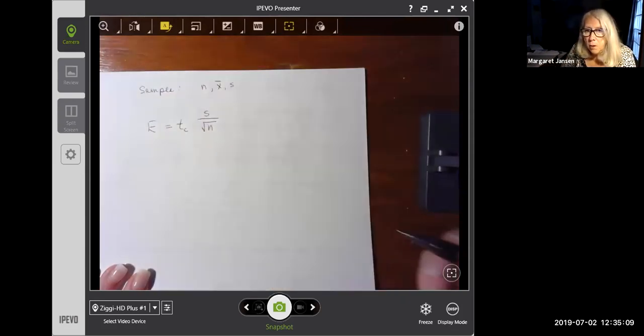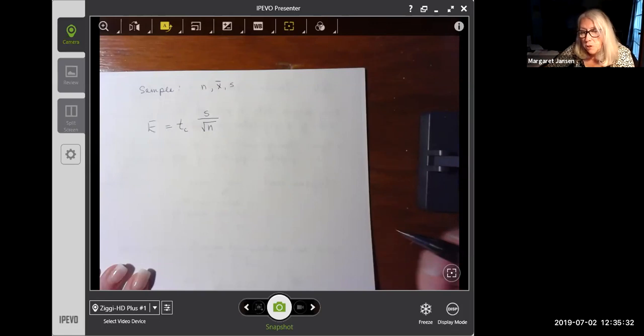Now, to construct the interval, we need X bar, because that's the center of the interval, right? And we're going to add a margin of error to get to the high side of the interval. We're going to subtract our calculated margin of error to get to the low side of the interval. And so our interval will look like this in the end.